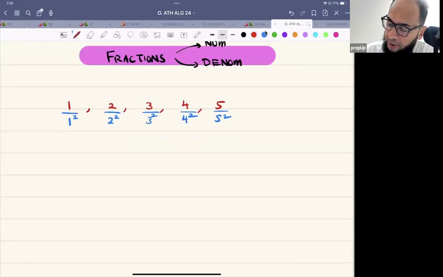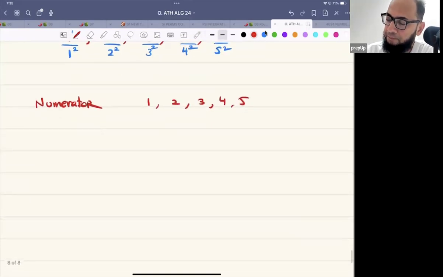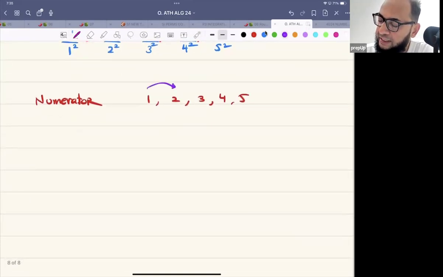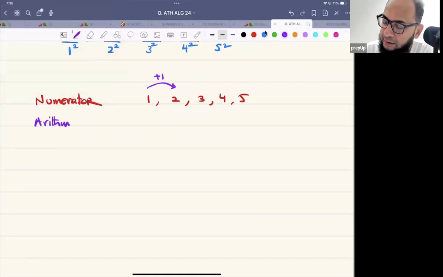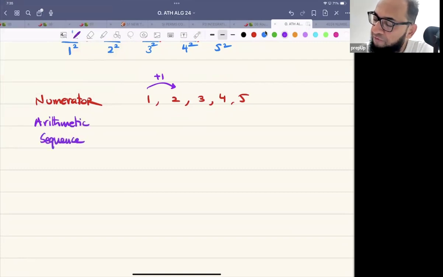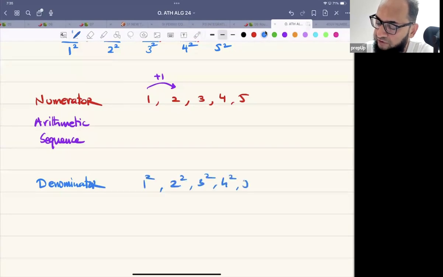So if I talk about the numerator, that is a pattern of 1, 2, 3, 4, 5 treated separately. This has a fixed difference of 1, therefore this is an arithmetic sequence. If I talk about the denominator, that denominator is like 1 square, 2 square, 3 square, 4 square, 5 square.